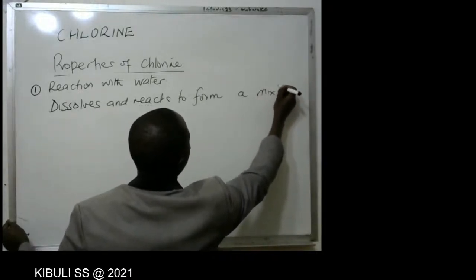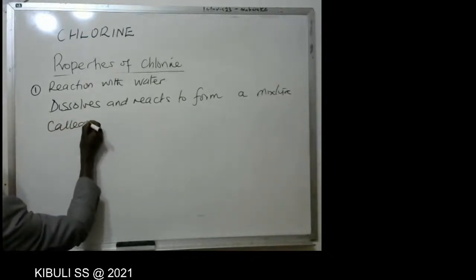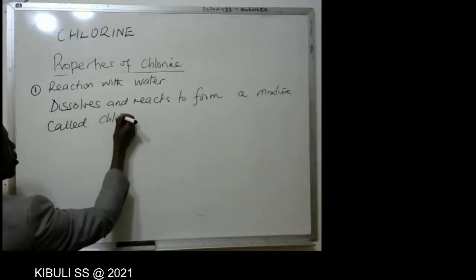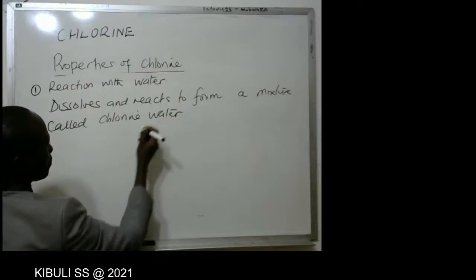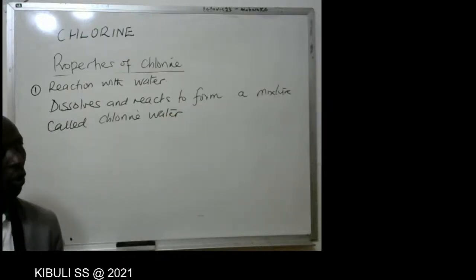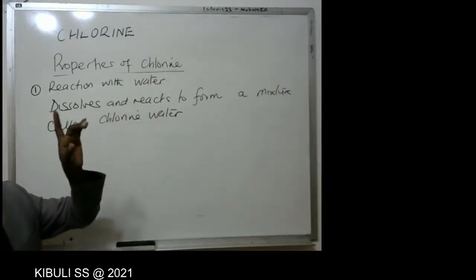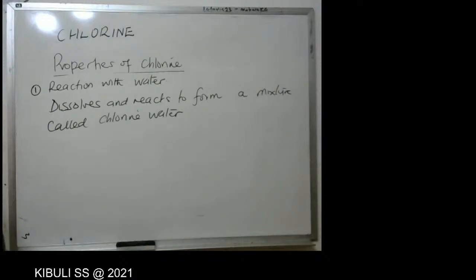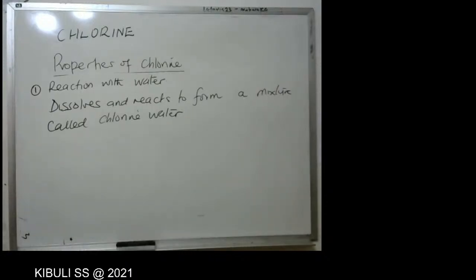This mixture is called chlorine water. I am saying it is a mixture because we shall see that there are 2 compounds that will be formed when chlorine dissolves in water. And we shall see of what importance is this reaction when chlorine dissolves in water.